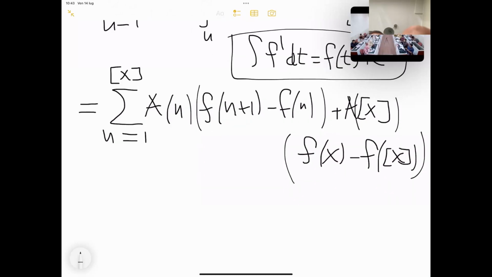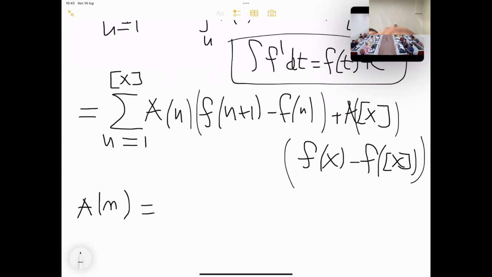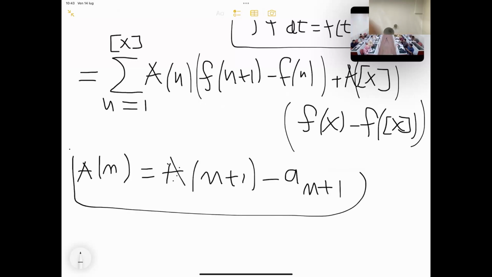So I have A of n, which can also be written as A of n plus 1 minus a of n plus 1, right? So this is the sum of a up to n plus 1. If I subtract the last term, all I get is a n. So I can take this identity and plug it in here.